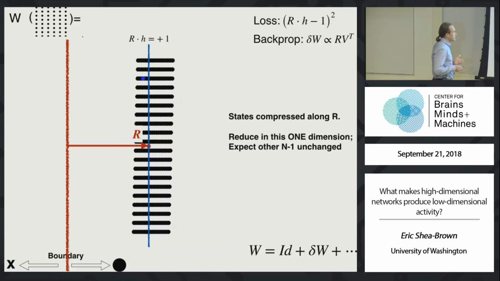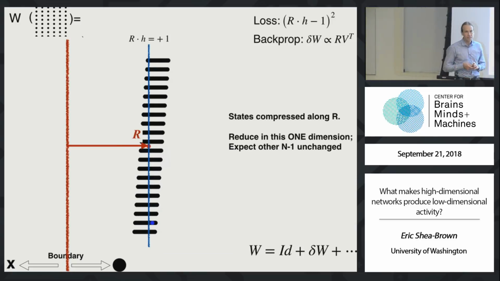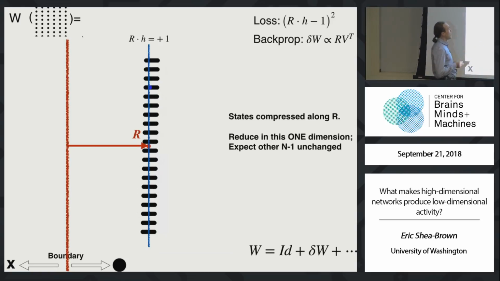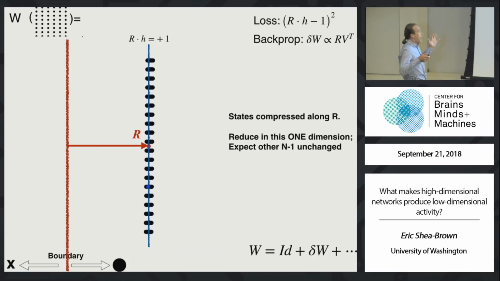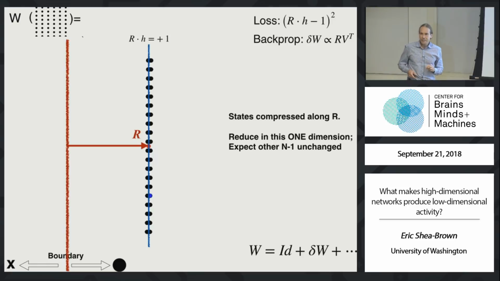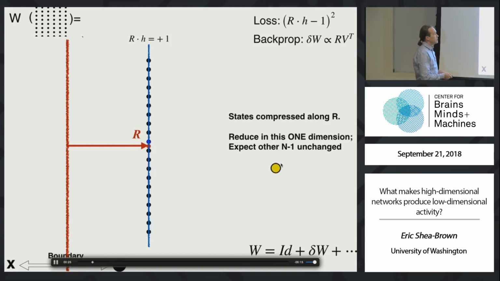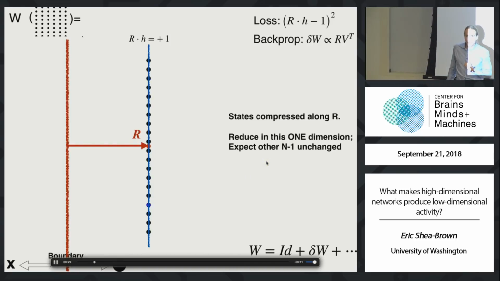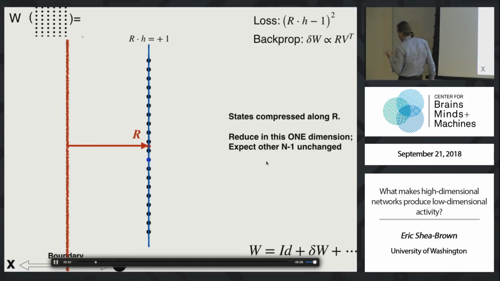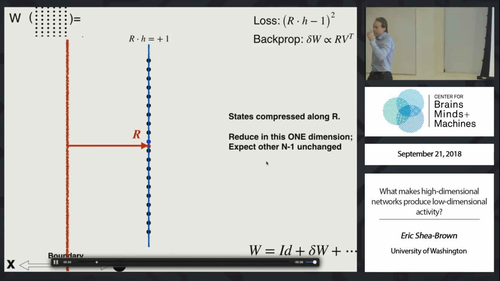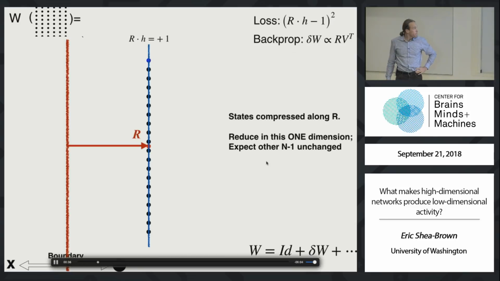The consequence is then, as I minimize this loss according to backpropagation through time, I will have a compression of the dimensionality, but in just one direction. Only in the direction in which I'm reading out the system. I can do nothing to all of the other n-1 dimensions that characterize these states. So this is not a good mechanism for compression of all these states, except along a single dimension.